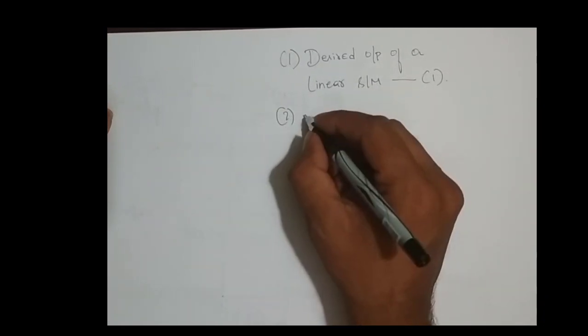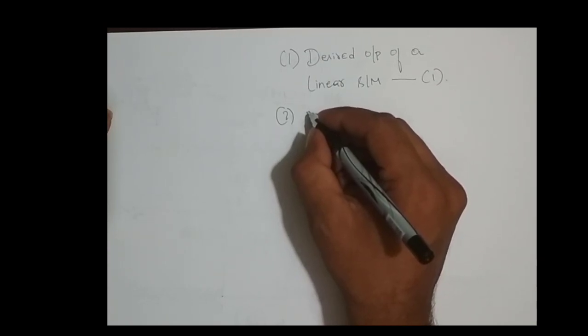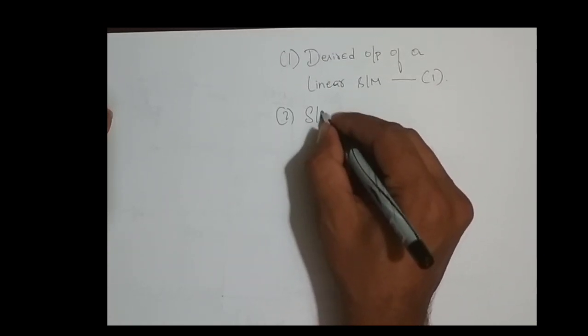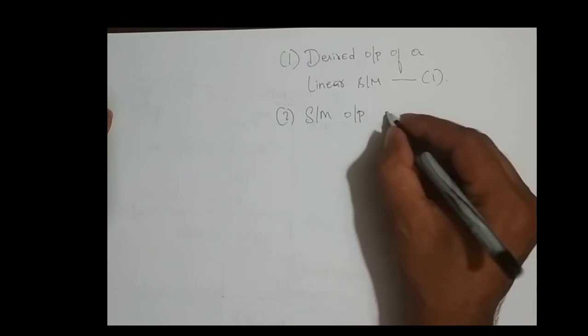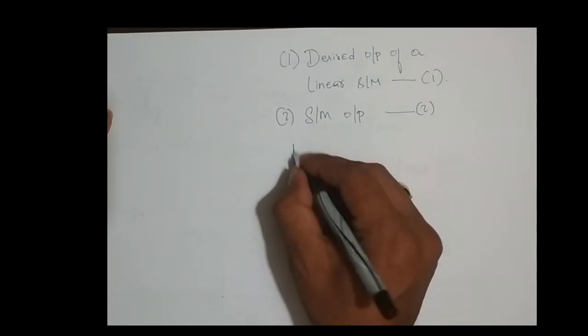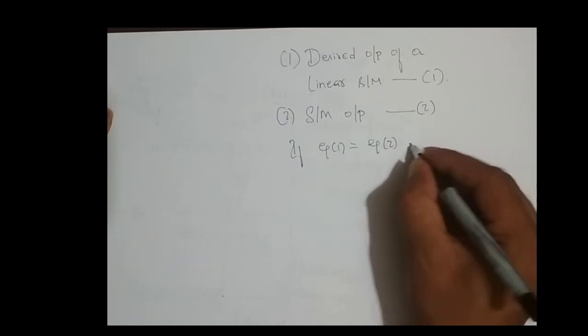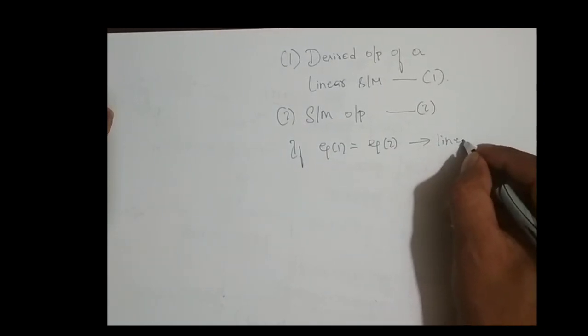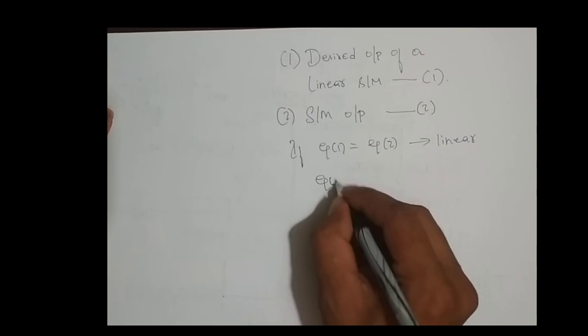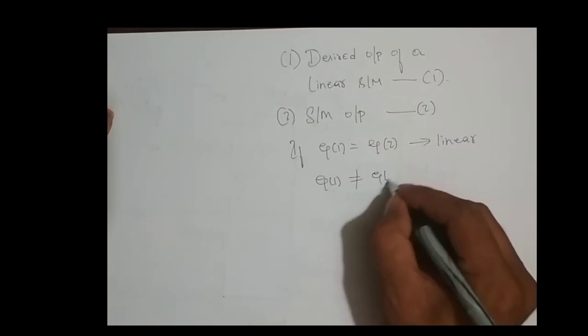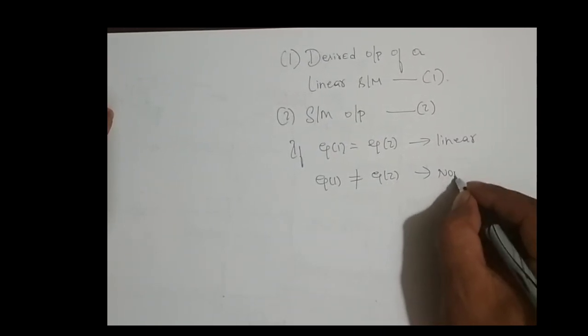And we need to get one more equation, which is the system output, called equation 2. If equation 1 is equal to equation 2, then the system is linear. Otherwise, if equation 1 is not equal to equation 2, the system is non-linear.